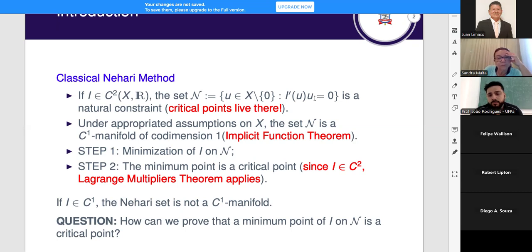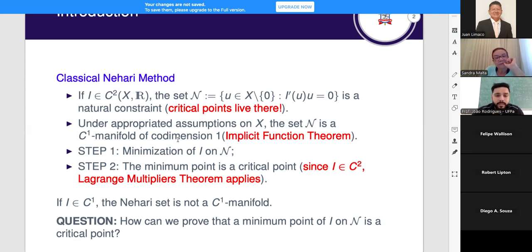Okay, so as I said before, you can see that if u is a critical point of the functional I, then u belongs to this set. So this is a very natural constraint, because if you are looking for critical points of the functional I, you can look at your functional restricted to this set, because all the critical points are here.